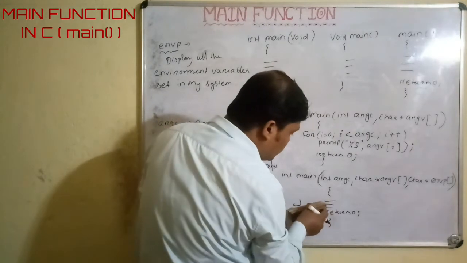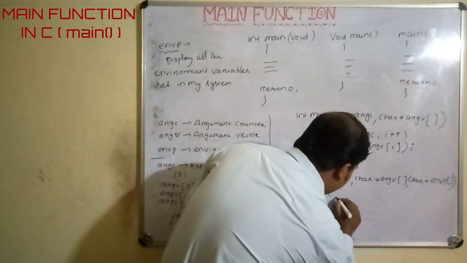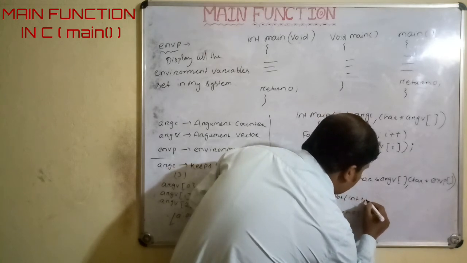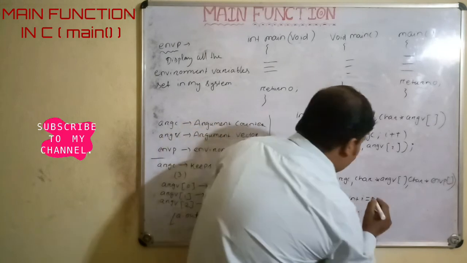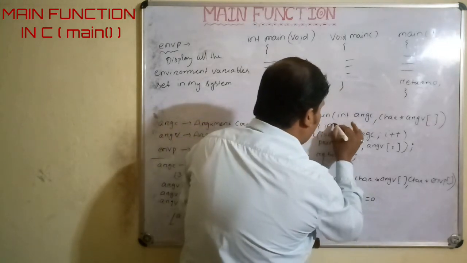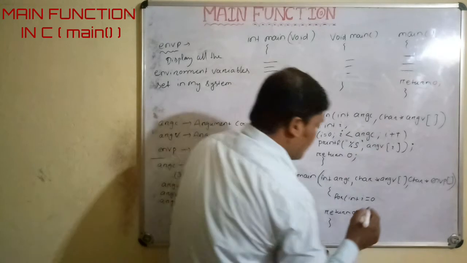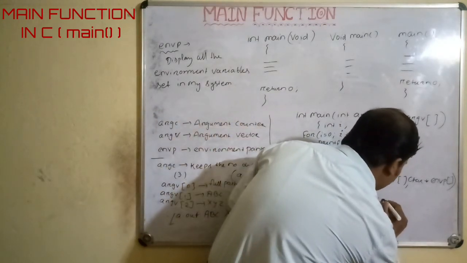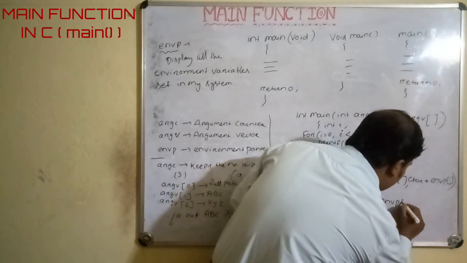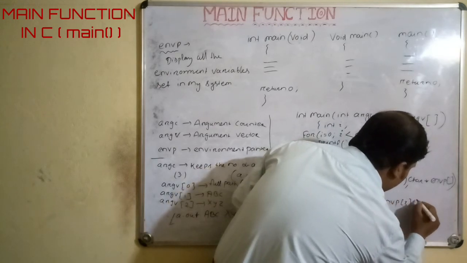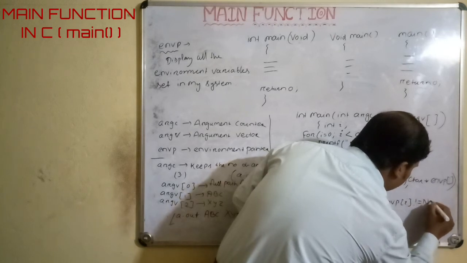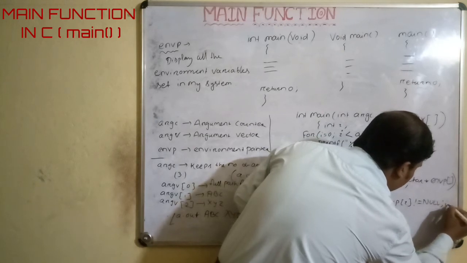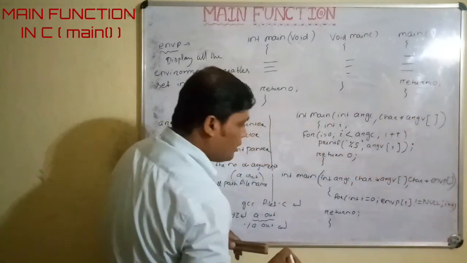Clear? And how can I use this envp? I can write like this. Suppose this is integer i equal to 0, then here I have to take integer i. Then this is envp i not equal to null. Then i plus plus. Clear?